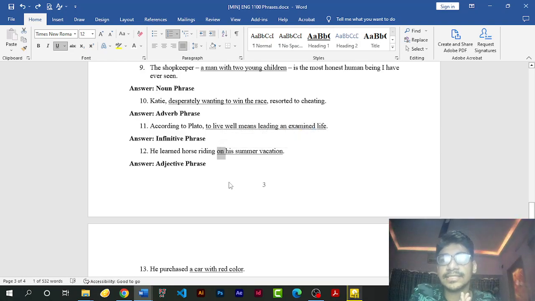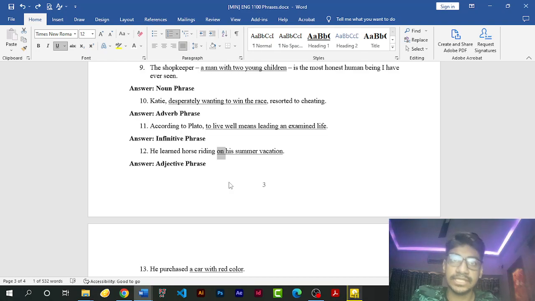It's not referring to a position. Look at the word preposition. It's about a position, like he is riding in the street, he's coming here, he is sitting on the chair, right? On, in, at, he's at the university.